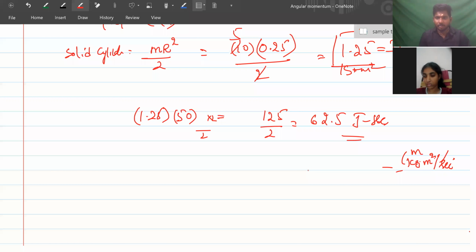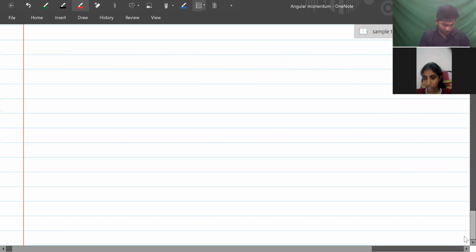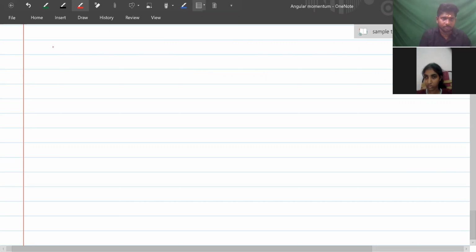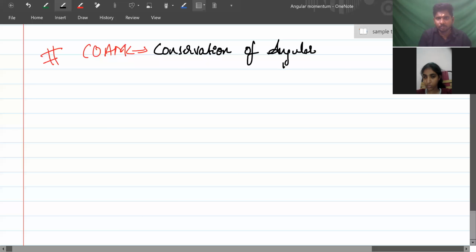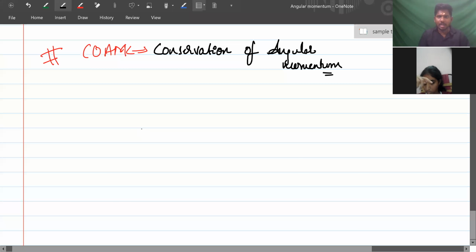Then a very important topic. Number of times questions are asked on this also. That is conservation of angular momentum.